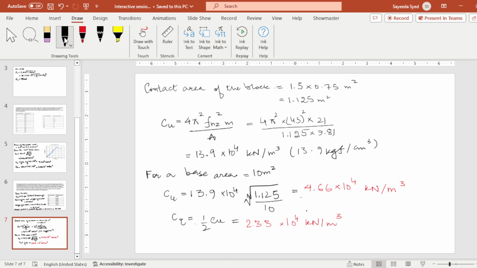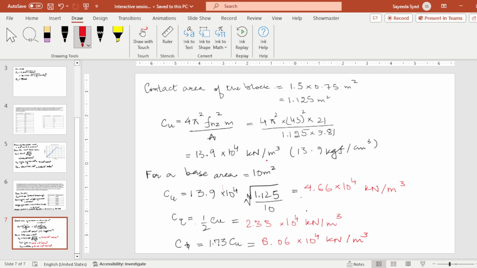And similarly we can calculate C5, which is equal to 1.73 times Cu, and this will come out to be 1.73 into 4.66 into 10 to power 4, which is 8.06 into 10 to power 4 kilonewton per meter cube. Okay, so this was the second part of the problem.